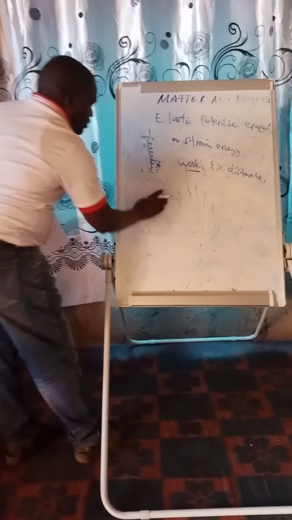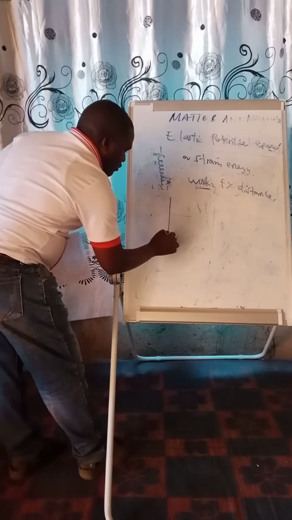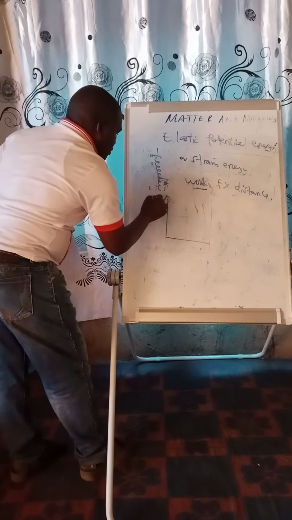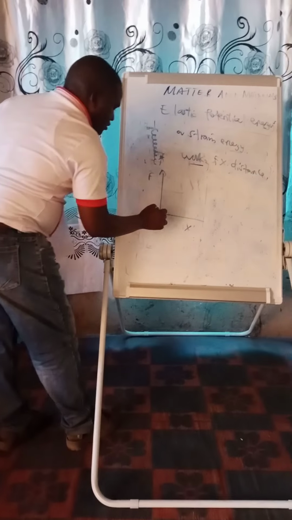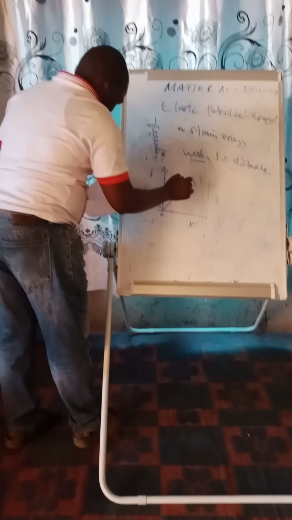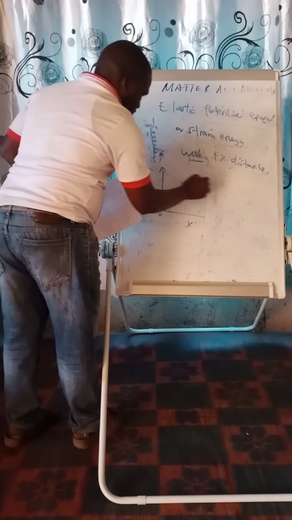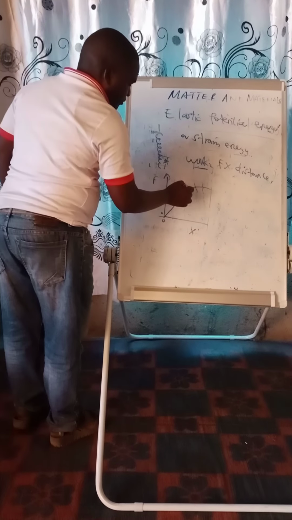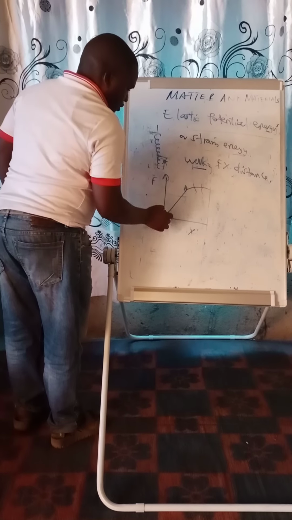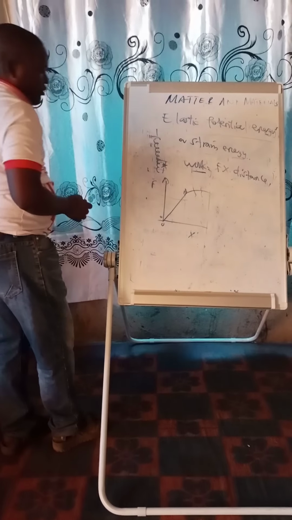For example, this graph of force against extension. Also A obeys Hooke's law.